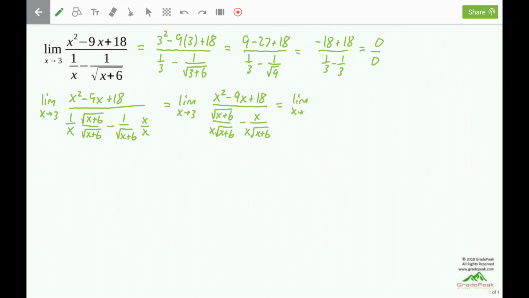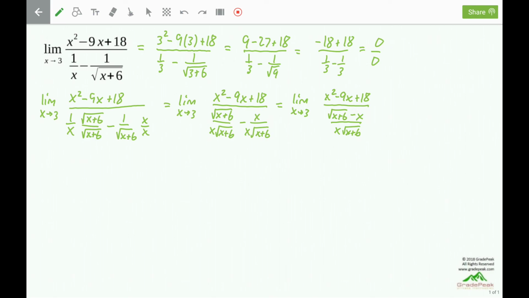Limit as x goes to 3 of x squared minus 9x plus 18 divided by the square root of x plus 6 minus x over its common denominator of x times the square root of x plus 6.